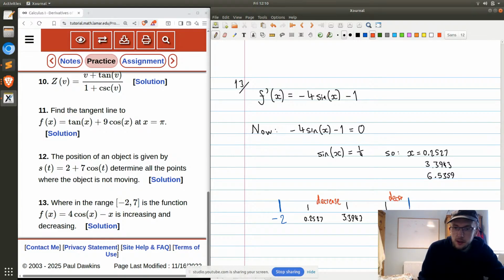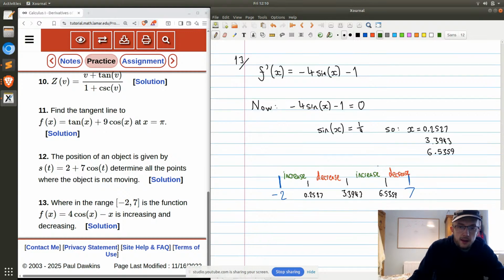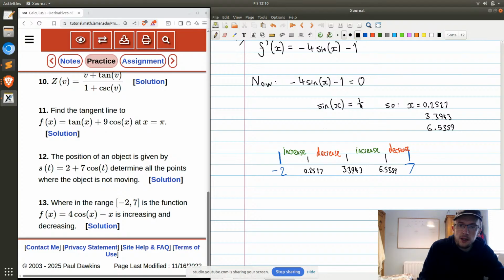And so it must be decreasing here, and so it must be increasing here and here. And then we declare that fact.